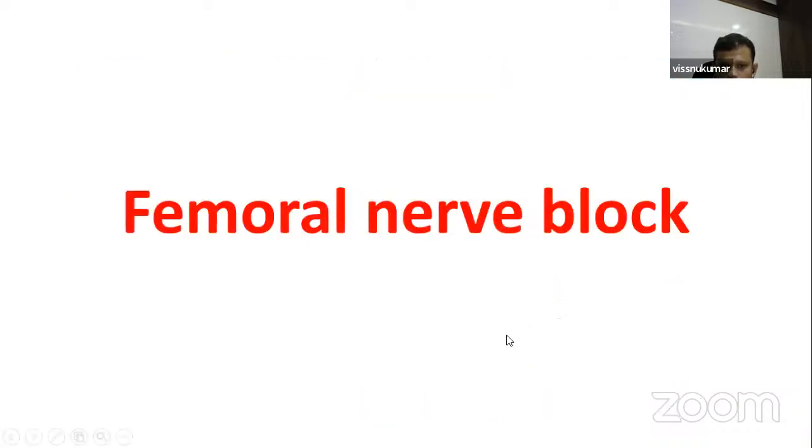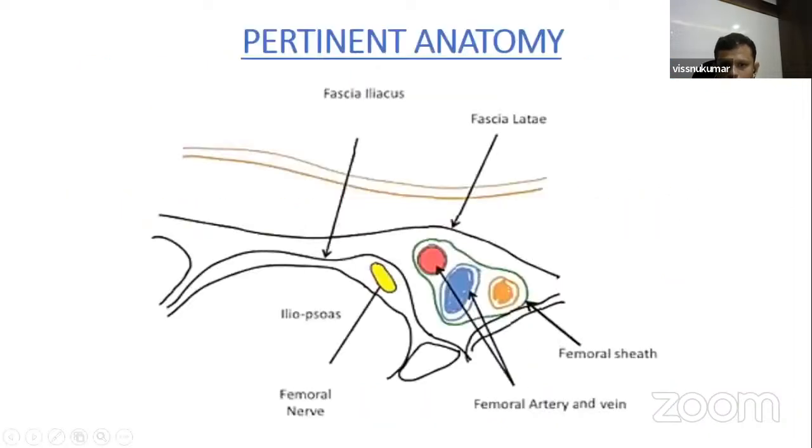So the first thing is femoral nerve block, and here we have the pertinent anatomy. Let us suppose this is the cross section of the femoral nerve of the right thigh, at the level of the inguinal crease.